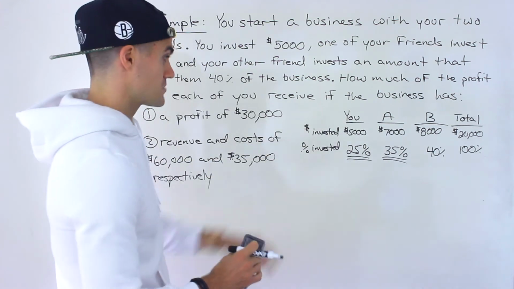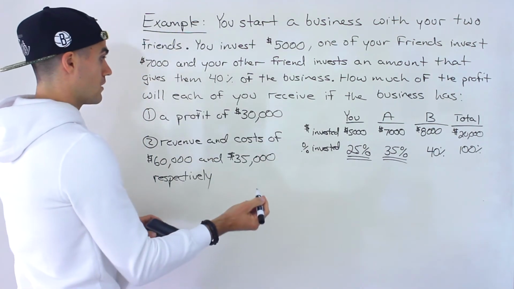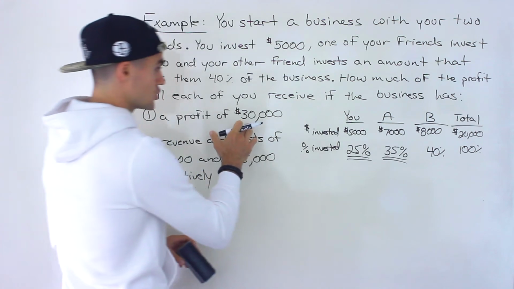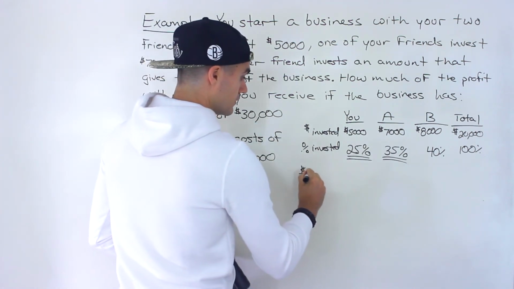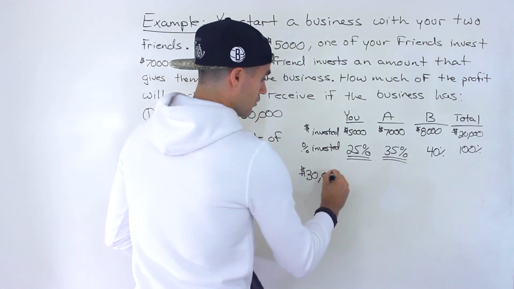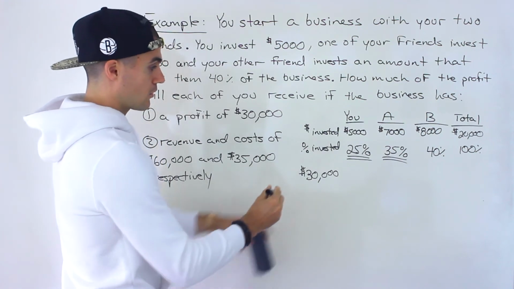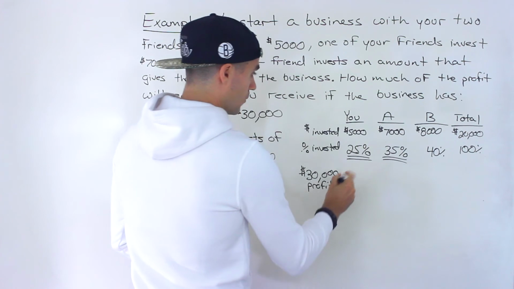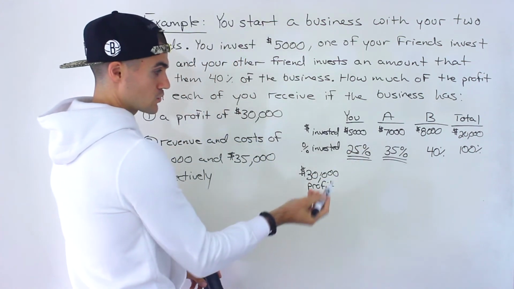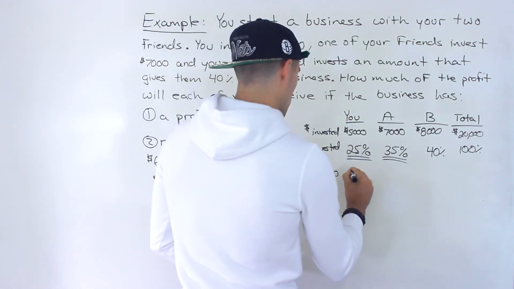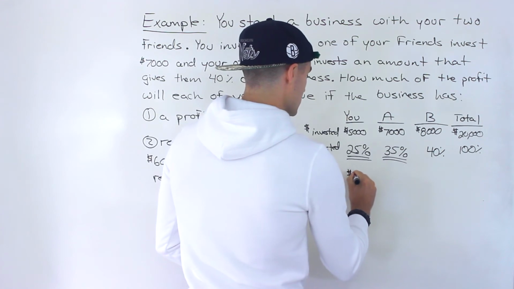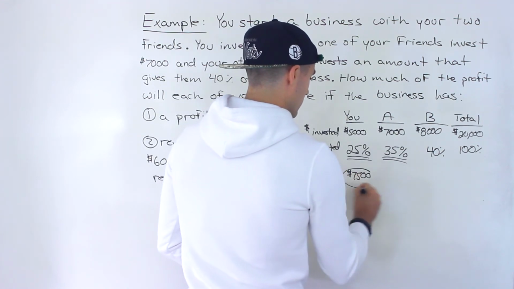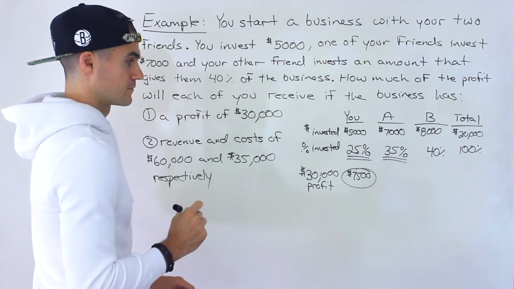And once you have these percentage breakdowns, you can figure out how much each of you is going to share in the profit of 30,000. So if there's a profit of 30,000, you're going to get 25% of that. 25% of 30,000 would be 7,500.